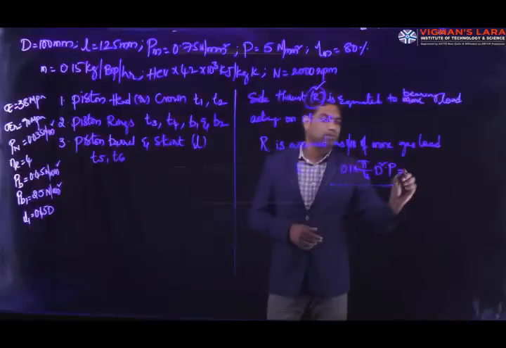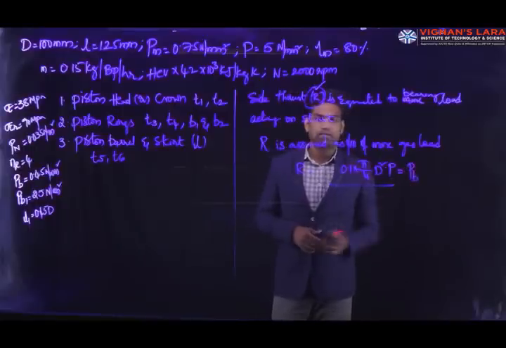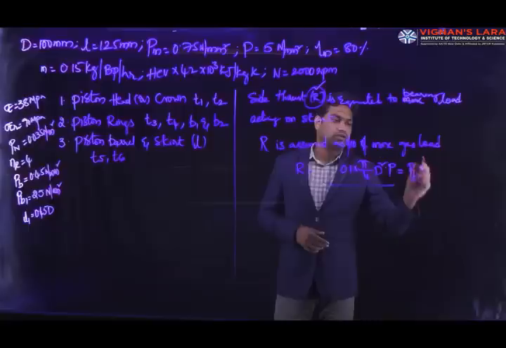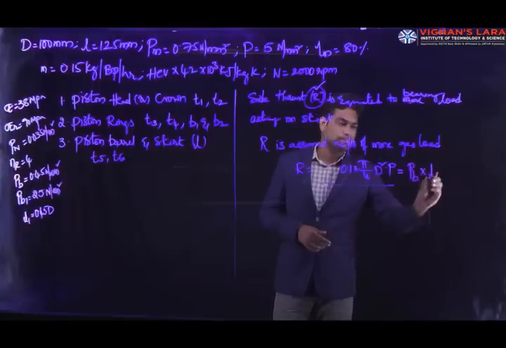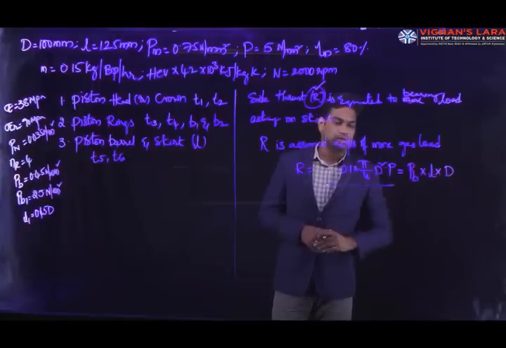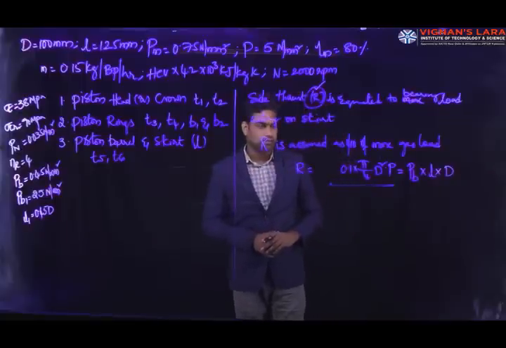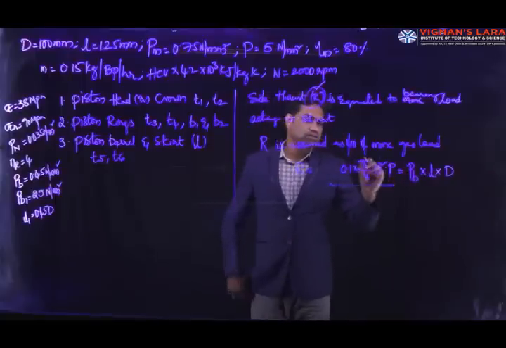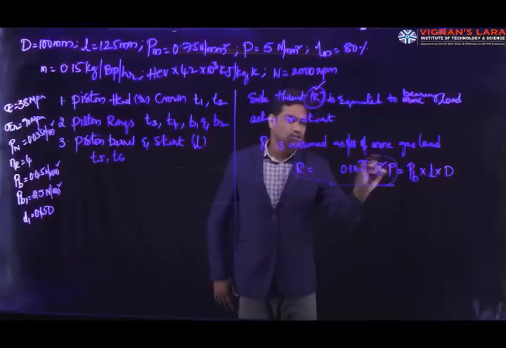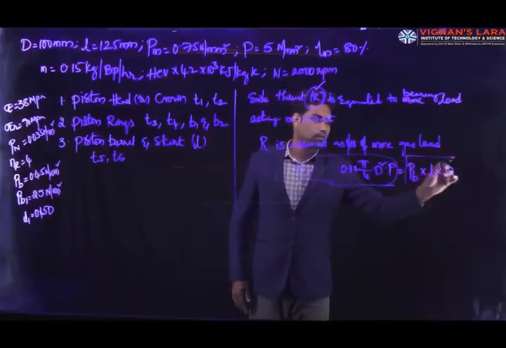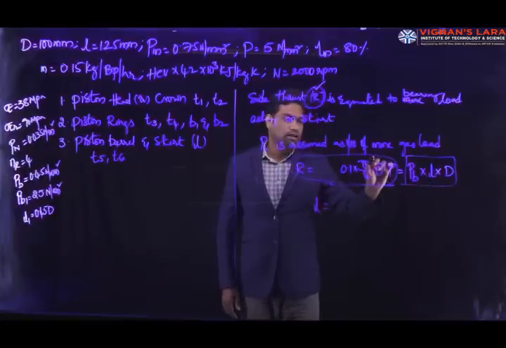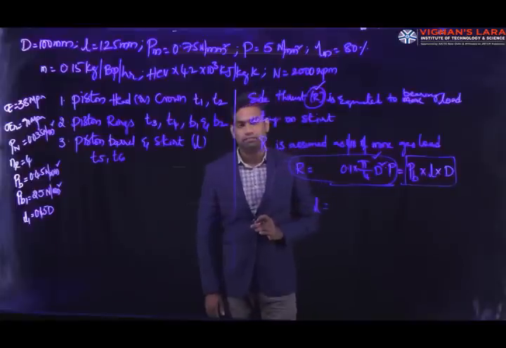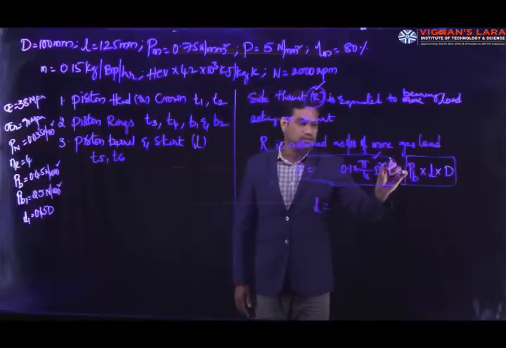The bearing load can be written as PB, the bearing pressure acting on the skirt, into the bearing area, that is length into diameter. Here we take the skirt length L into the diameter equal to the piston diameter, capital D. By equating the side thrust to the bearing load, we need to calculate the length of the skirt L. Here capital D, the cylinder bore or piston diameter, is known, and P, the maximum gas pressure, is also known.